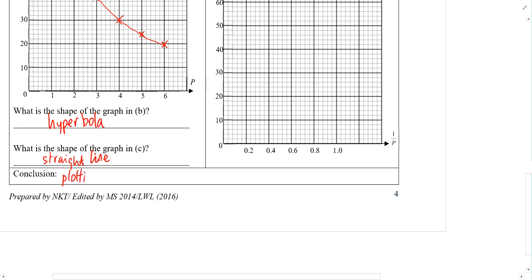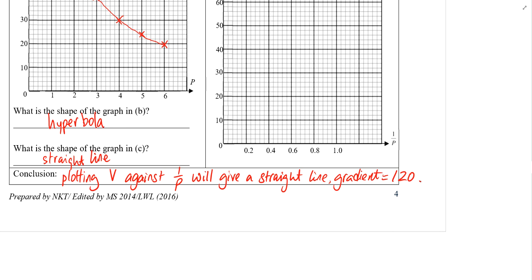Plotting V against 1 over P will give a straight line, with gradient equals to 120. Okay, you just go and plot the straight line yourself. And this is the relationship.